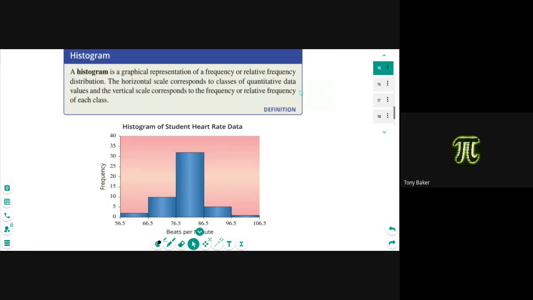All right, this is the important one. A histogram.